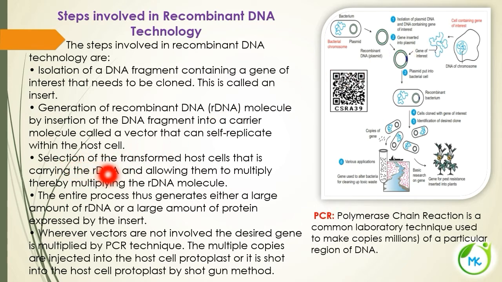The third step, selection of the transformed host cell that is carrying the rDNA and allowing them to multiply, thereby multiplying the rDNA molecule. So, once the recombinant DNA is made, this recombinant DNA is inserted into a host bacterium and now this host bacterium is referred to as containing this rDNA fragment, and you have to select the transformed host cell, whichever the cell that has got this vector, that is rDNA, and we have to allow them to multiply.